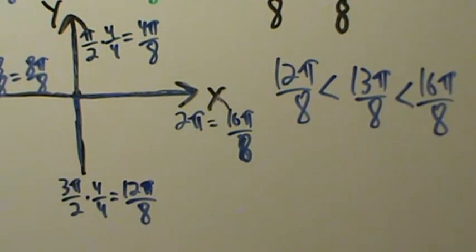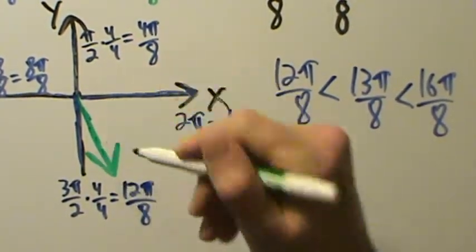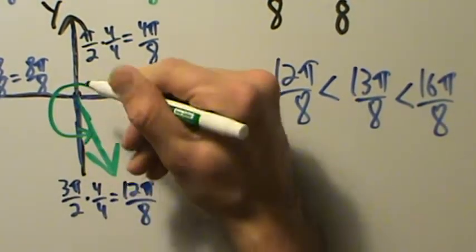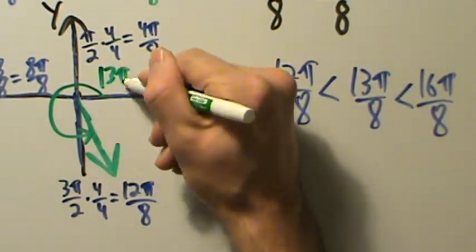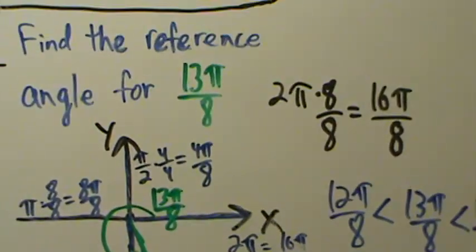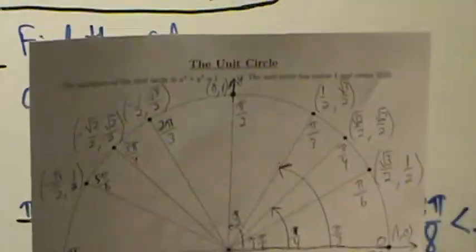Okay? So we know that 13 pi over 8 is somewhere in here in quadrant 4, and it's going to be a little bit closer to 12 pi over 8. But again, we don't have to be exact. We don't have to get it exactly right or exactly to scale or anything like that. We just want to get the quadrant right. Okay, so this is 13 pi over 8. Now, why do we do that? Well, because 13 pi over 8 is not a special or a nice angle on the unit circle, so we're not really sure exactly where that is.